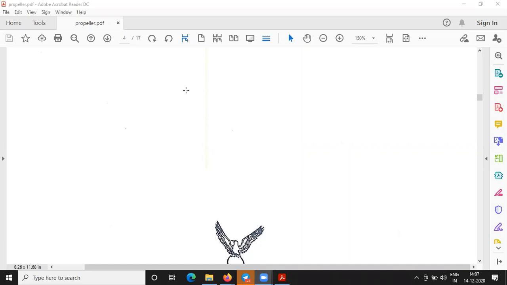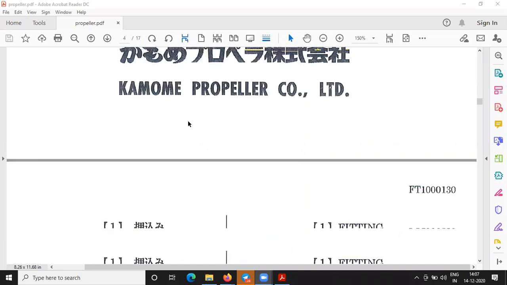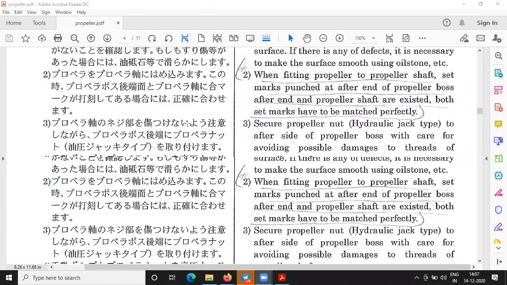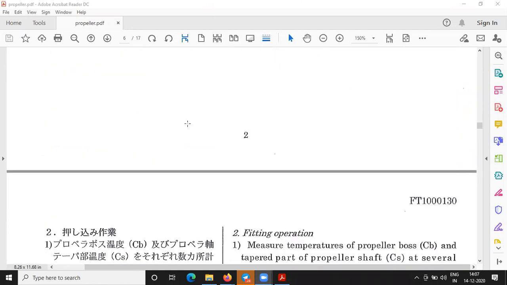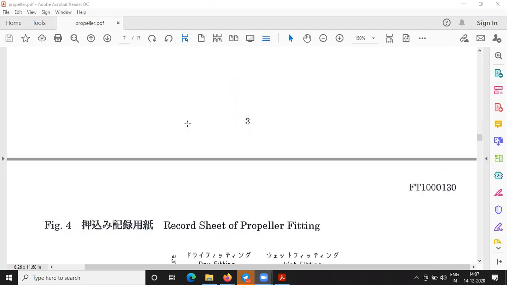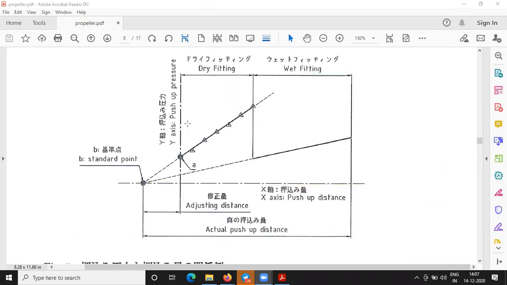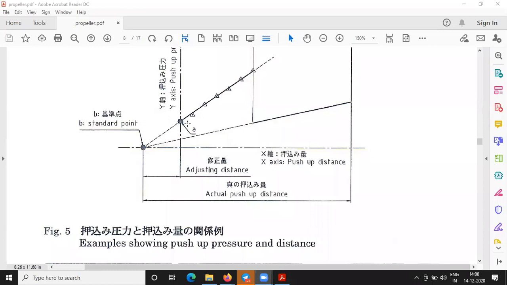Sir, in this wet method you said first we have reached 1/5 of this distance required. Yes, sir. Then afterwards we'll apply the expansion pressure. And then will it automatically reach that point, or do we have to further increase the D pressure also? We have to further increase the D pressure until you reach the push-up distance. So in the example we spoke of, we need to push up 20 mm, right? According to this, when we increase 50, 100, 150, 200, 250, 300, 350.